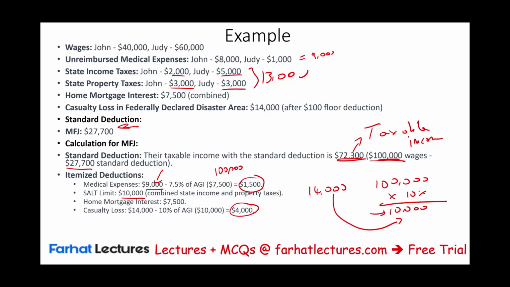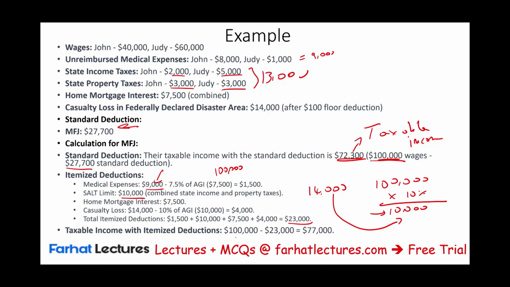So for the casualty loss to be deductible, it has to be more than 10% of AGI. For the medical expense to be deductible, it has to be more than 7.5% of adjusted gross income. Now, if we combine all the itemized deductions, they add up to 23,000. So their taxable income is 100,000 minus 23,000.